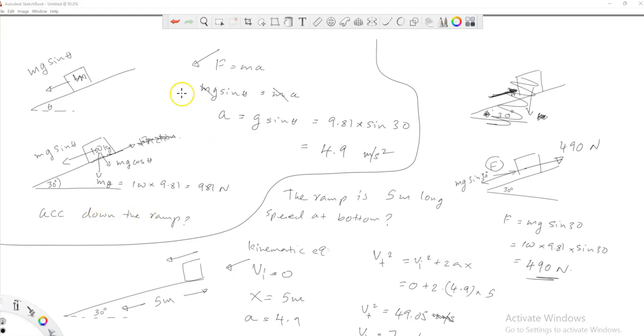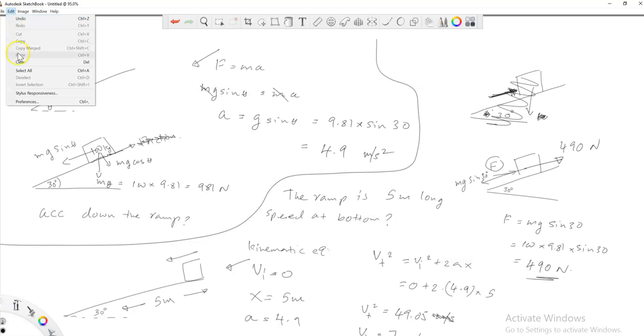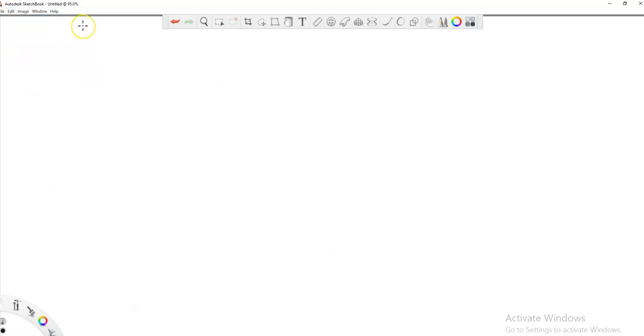All right, let's move on to another example. So I'm going to erase this whole thing one more time. Okay, so let's go back to the simple horizontal plane. So here's the box, it has mass m. Now you want to move this, so you can apply a force like this. You're pushing it, right?